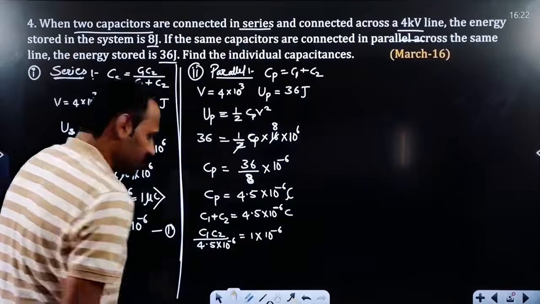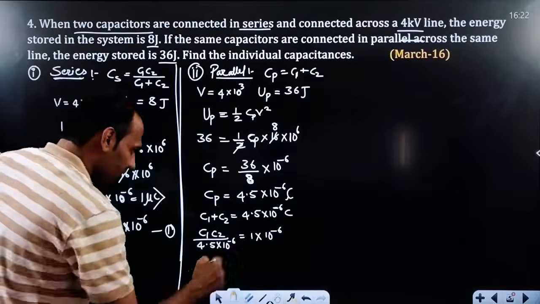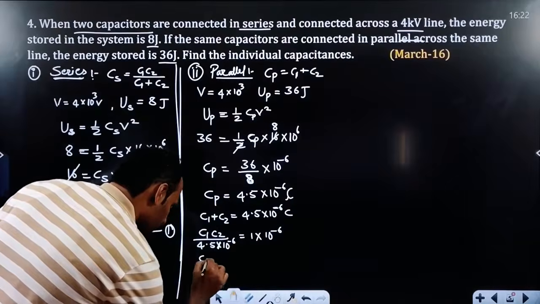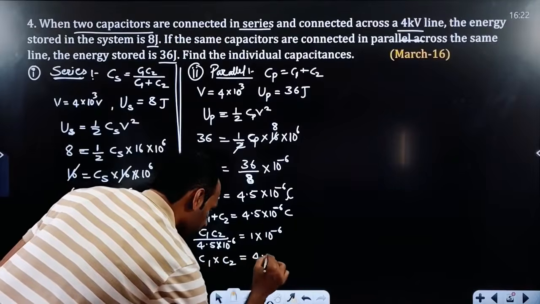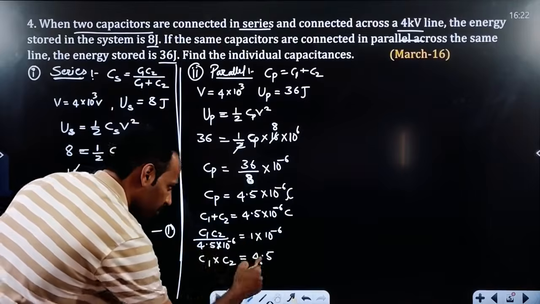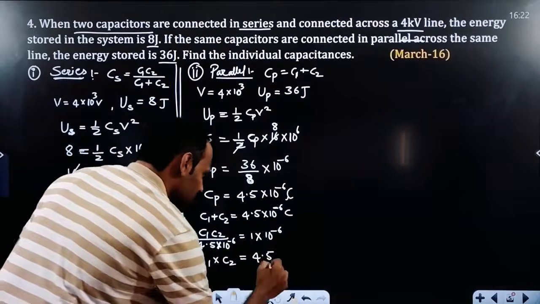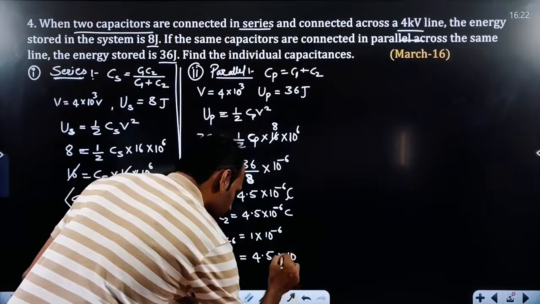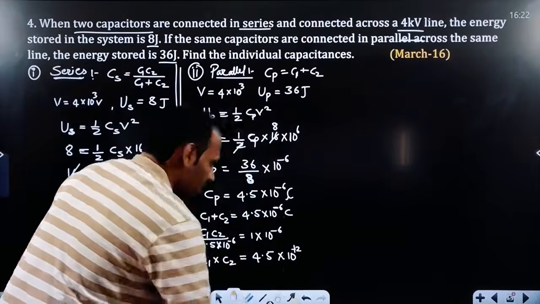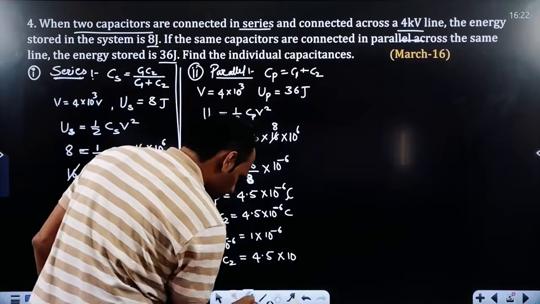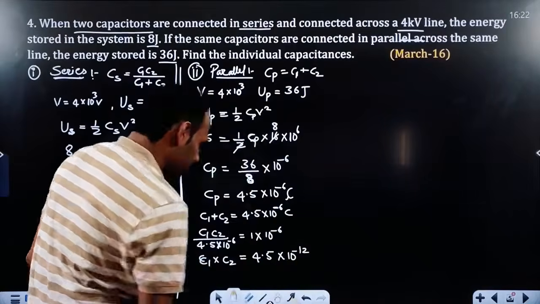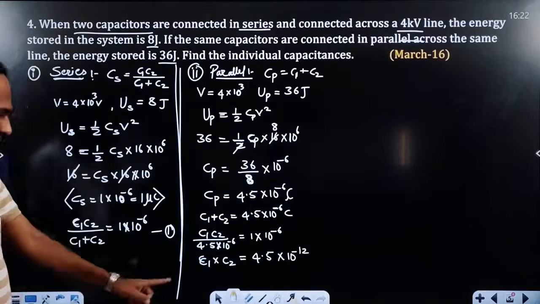Multiply that on the other side. You will get C1 into C2 equal to 4.5 into 10 raised to minus 12. Right? So we got the product of the capacitors.